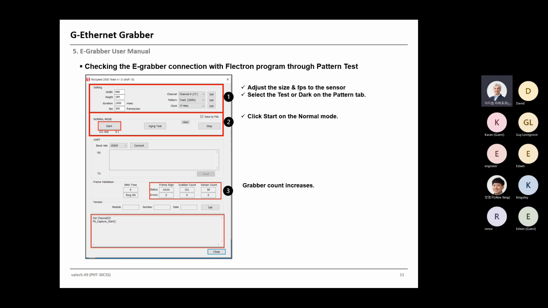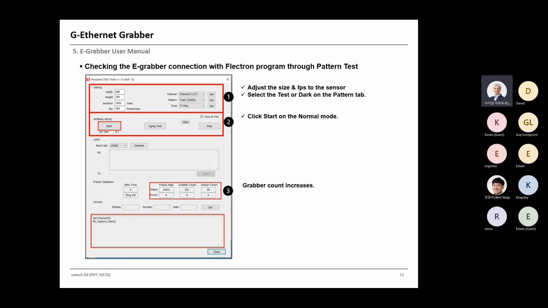Next one is for checking the eGrabber connection with Flectron program. So through pattern test, you can check the eGrabber connection with Flectron program. You can adjust the size and FPS to the sensor that you're using, and you can select the test or dark on the pattern tab, and you can also click start on the normal mode.